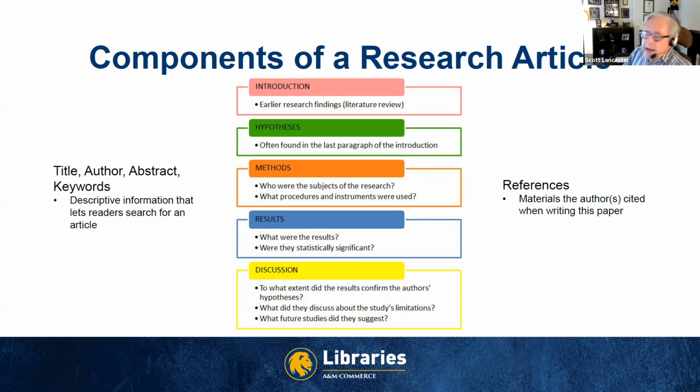And oftentimes I will search through the article. If I'm looking at it digitally, I can use Control F to do that search. I just put in the word methodology and find it in the article, because that is where it's explained how they went about doing whatever they did.